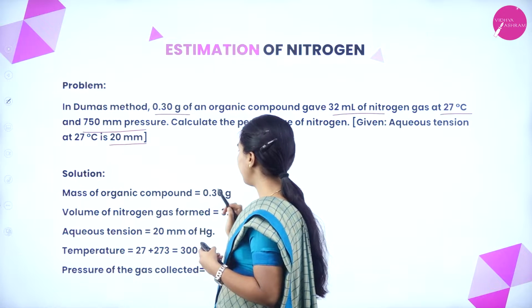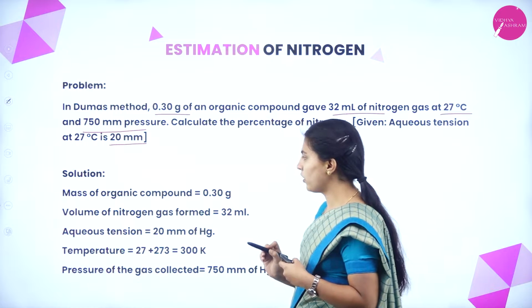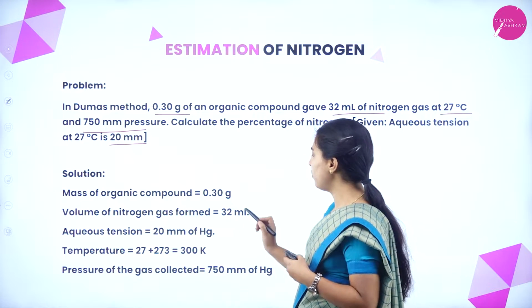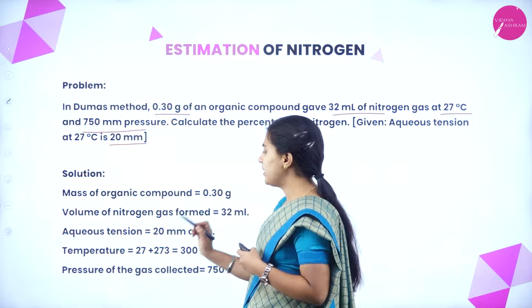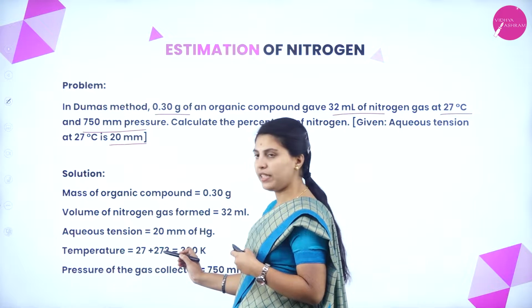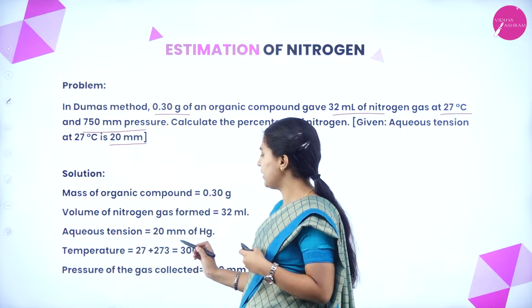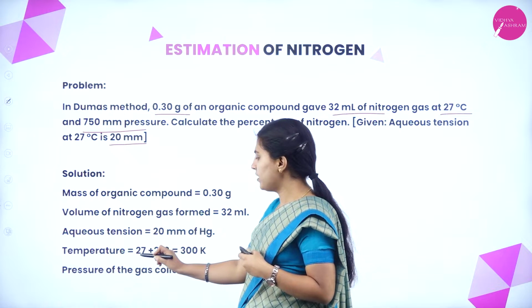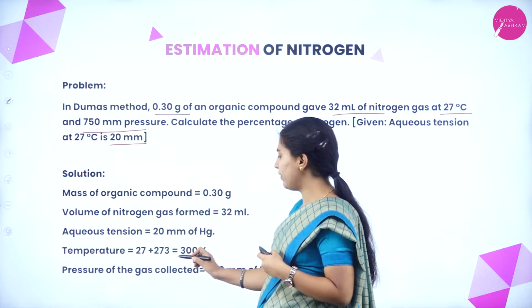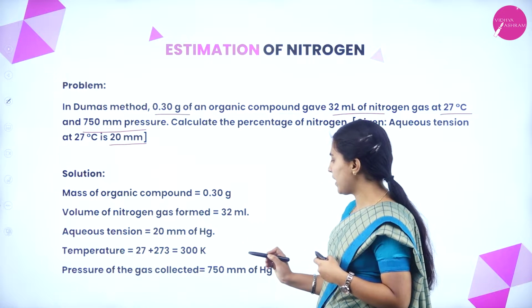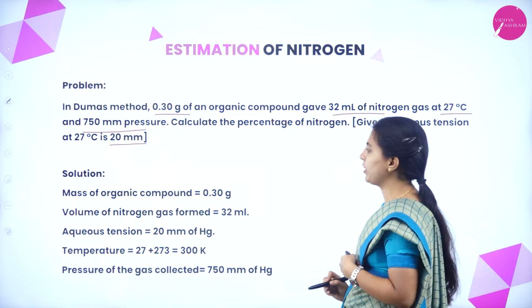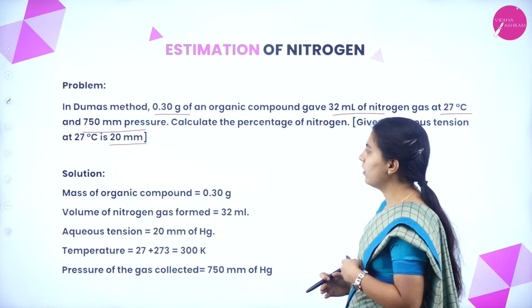They have given mass of organic compound 0.30 gram, volume of nitrogen gas formed 32 ml, aqueous tension 20 mm of mercury, temperature 27 plus 273, which is in Celsius, they are converting into Kelvin. You will get 300 Kelvin. Pressure of gas collected 750 mm of mercury. These are the given data.